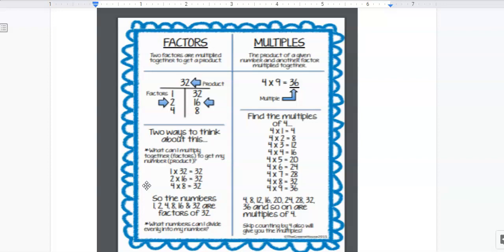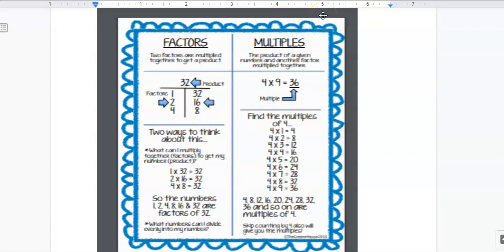So the numbers 1, 2, 4, 8, 16, and 32 are factors of 32. What numbers can I divide evenly into my number? So you could think about that too. What numbers can you divide evenly into the product of 32? And that would give you your two factors, right, kiddos?